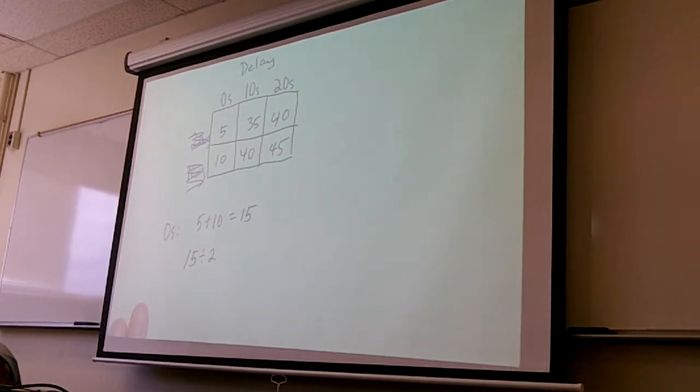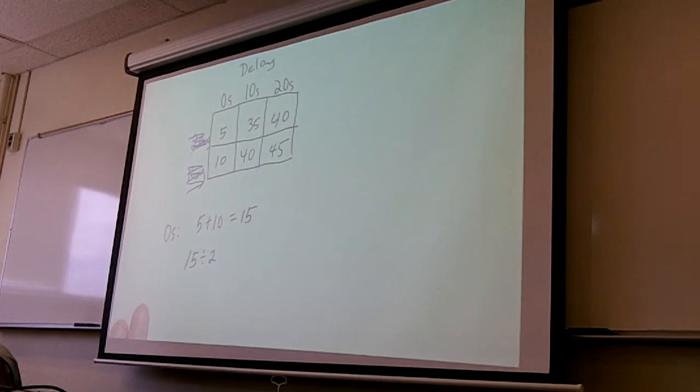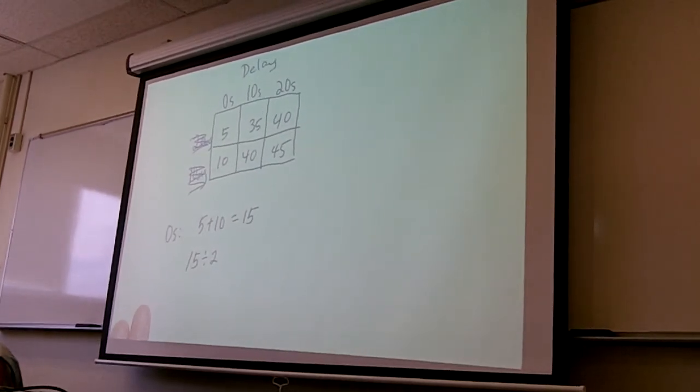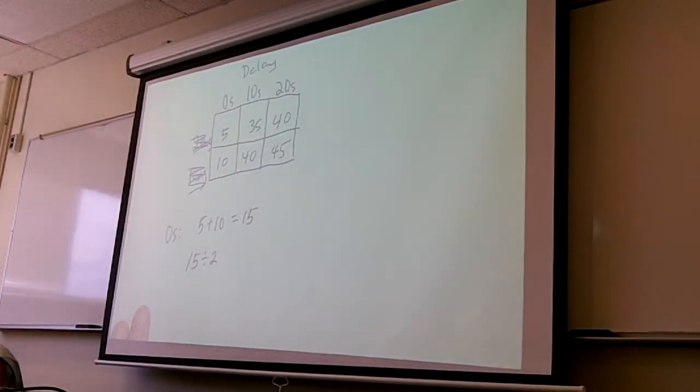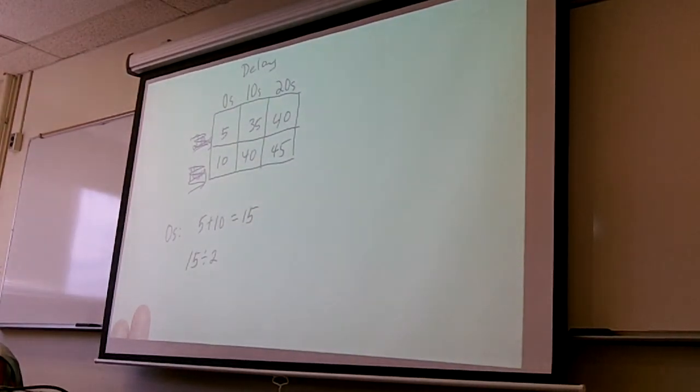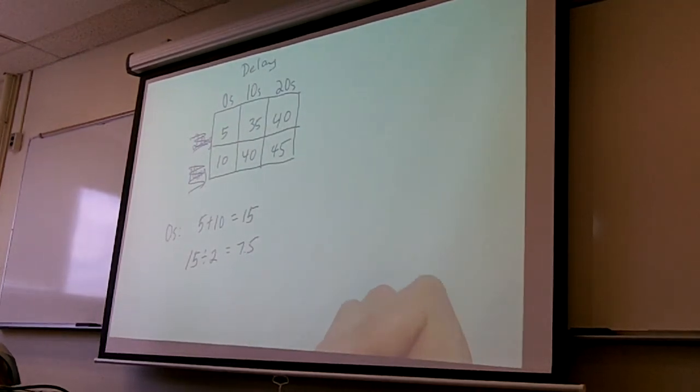So if the first one was 2, they'll go, oh, 15 divided by 2, okay. And then when they get to the one that has 3 levels, they keep dividing by 2. No, it's an average, so you divide by the number of conditions for that variable. Always double check it. So that's 7.5.